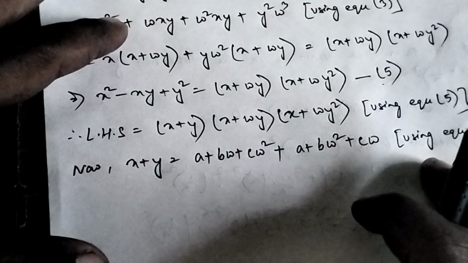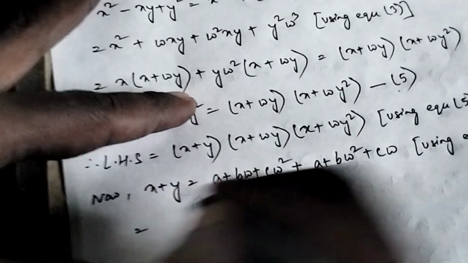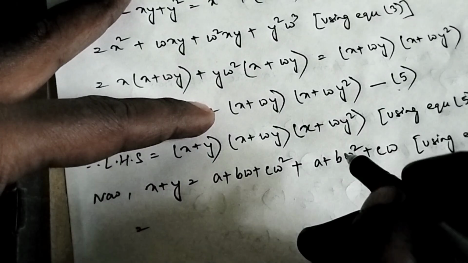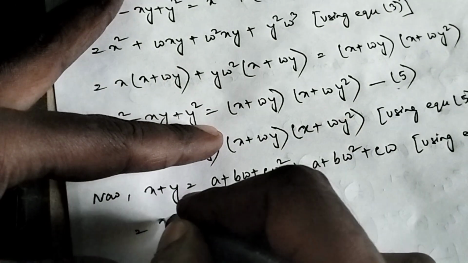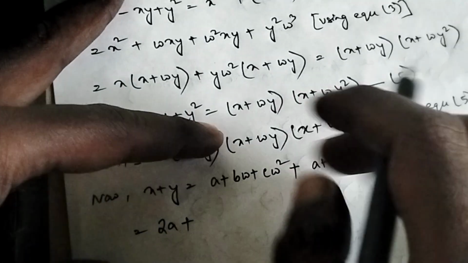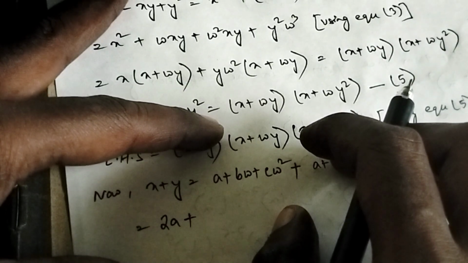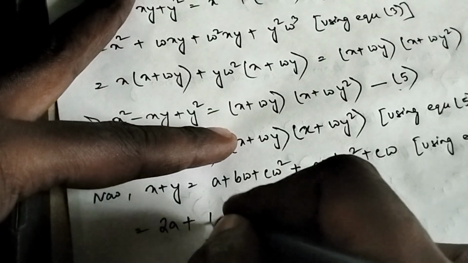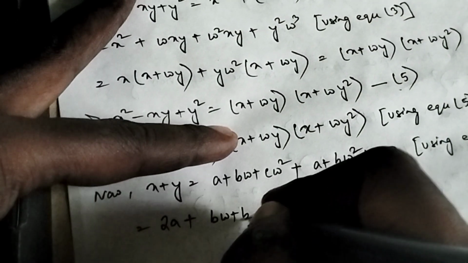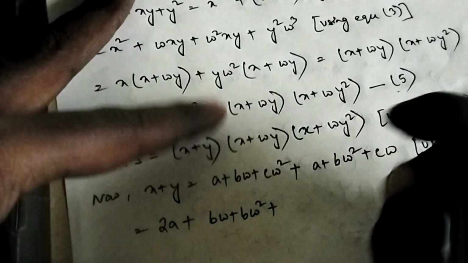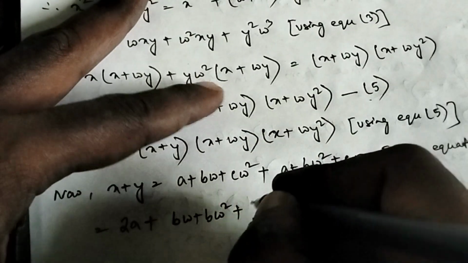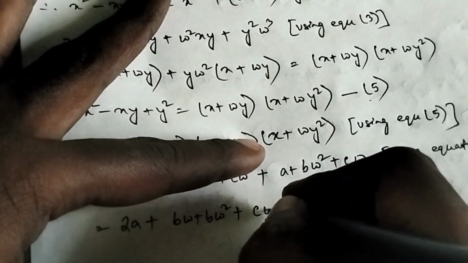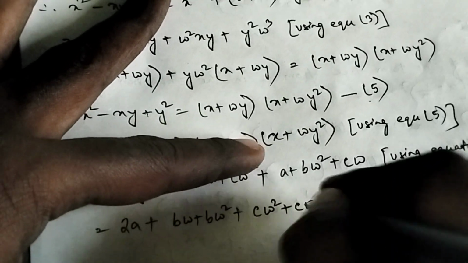Okay, so this will be a plus a, that is 2a, right? 2a. Then we have b omega plus b omega square, plus we have c omega square plus c omega.